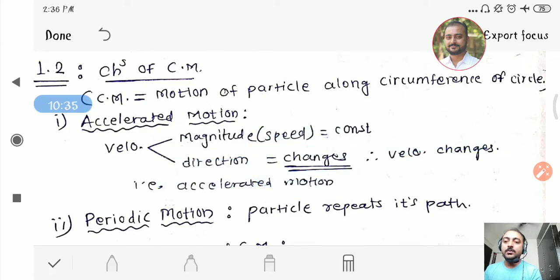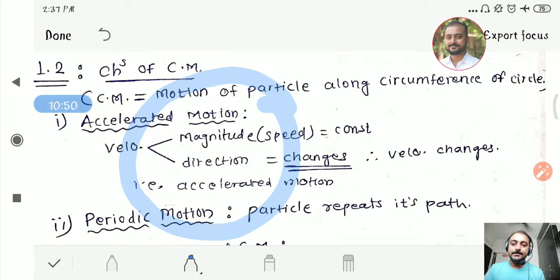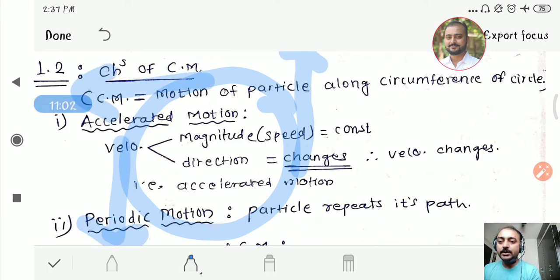Why the magnitude is constant and its direction keeps changing, we are representing here. The magnitude of velocity is constant. Why do we say this? When a particle performs a circular path, the velocity is always tangential, known as linear speed or linear velocity, and this linear velocity is always tangential to the circular path.